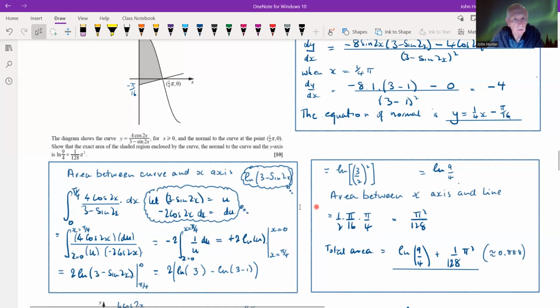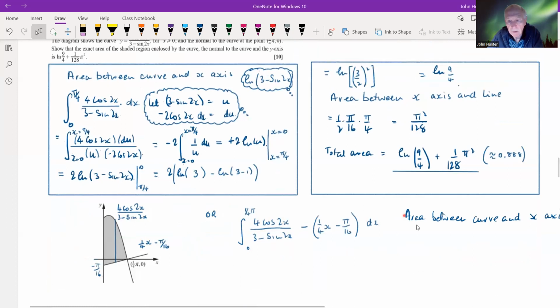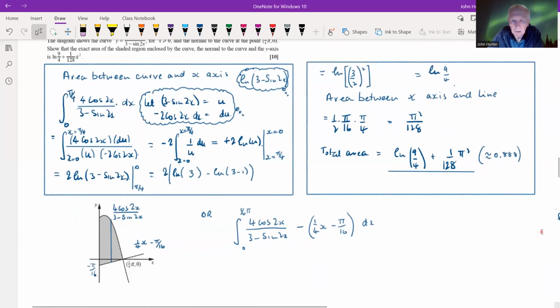I think just a little footnote to this actually is that when we've done these two separately, we could actually do them in one integral.